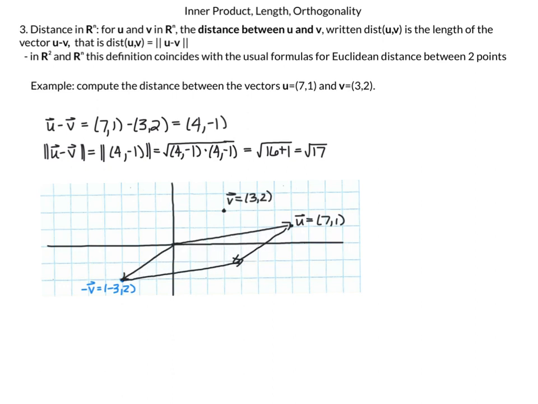Either way, this is the final point that you get over here. This is our u minus v, which is exactly what we calculated over here, the (4, -1), and then we can calculate the magnitude, which is equal to the square root of 17.